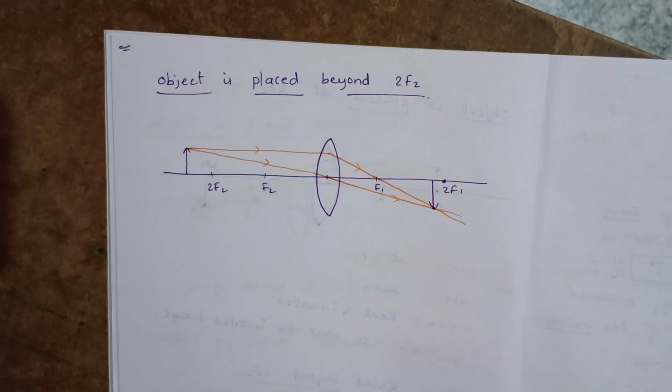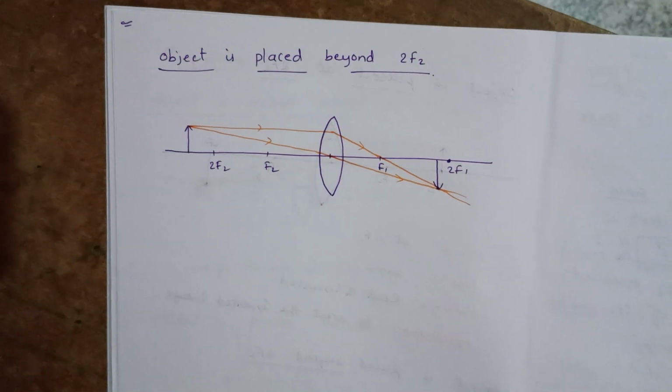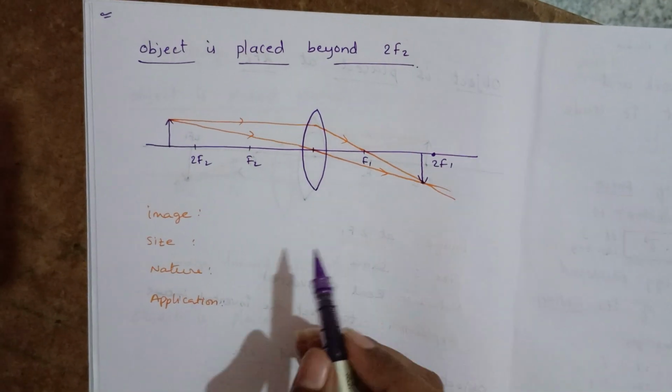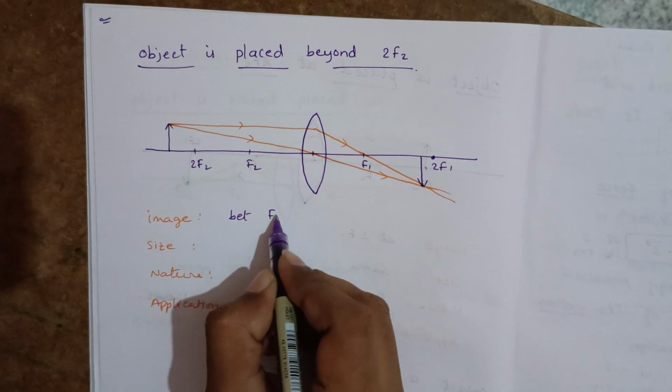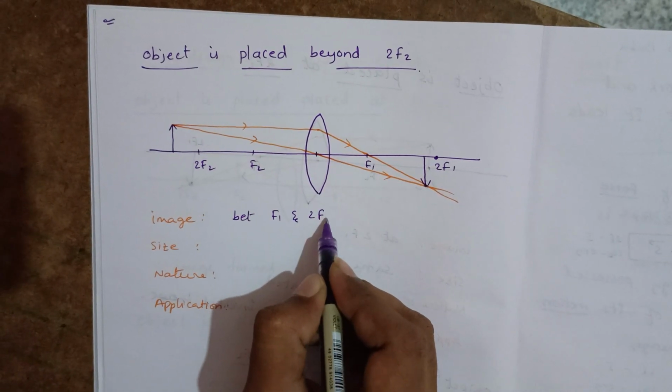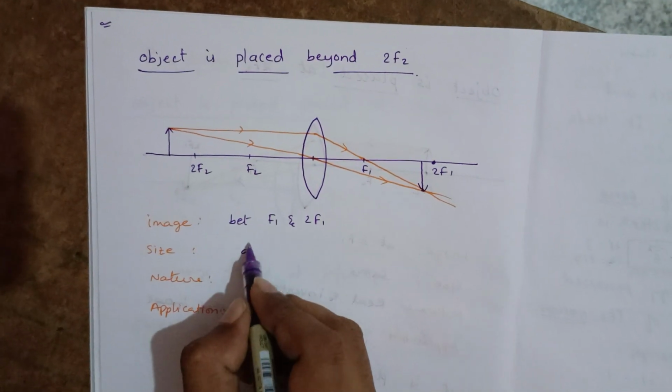This is 2f1. Now characteristics of the image. The image is formed between f1 and 2f1, and the size is diminished.